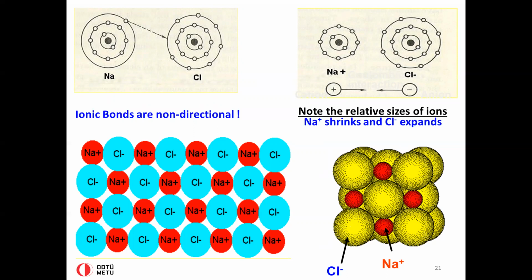On the bottom right, you see this in three dimensions, which is more representative of what happens in real life. And you notice that there is a considerable size difference between the sodium ion and the chloride ion.